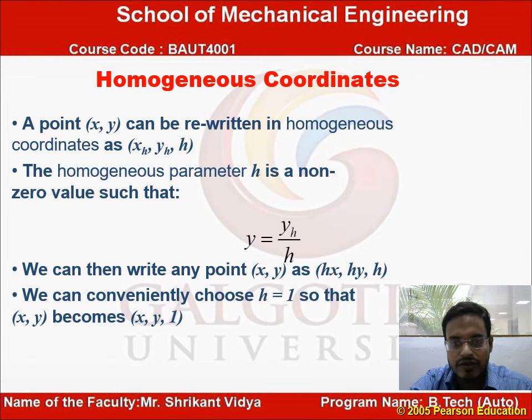Now, homogeneous coordinates: what are they? A point x, y can be rewritten in homogeneous coordinates as xh, yh, h. The homogeneous parameter h is a non-zero value such that x equals xh by h and y equals yh by h. So we can write any point as hx, hy, h.